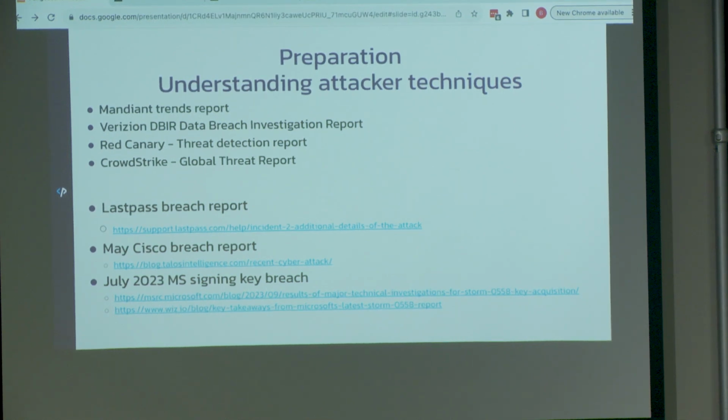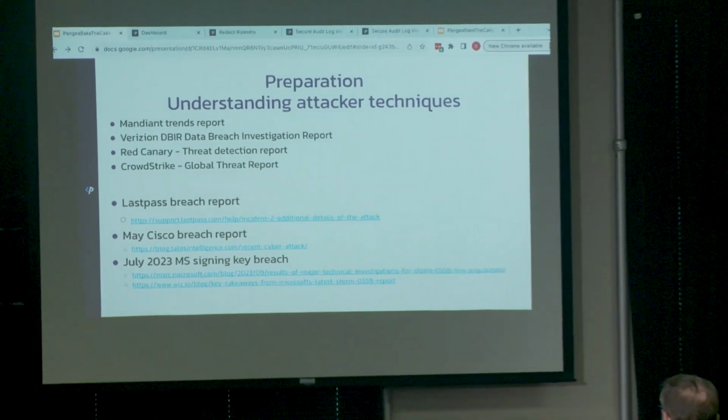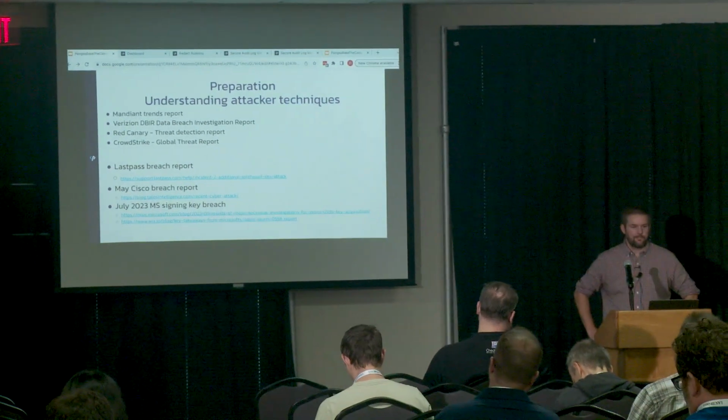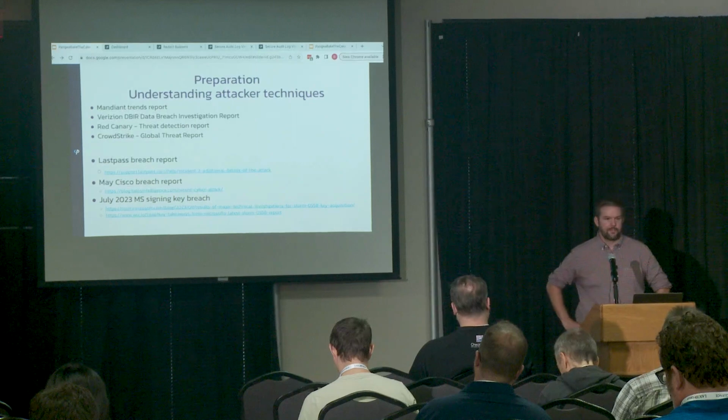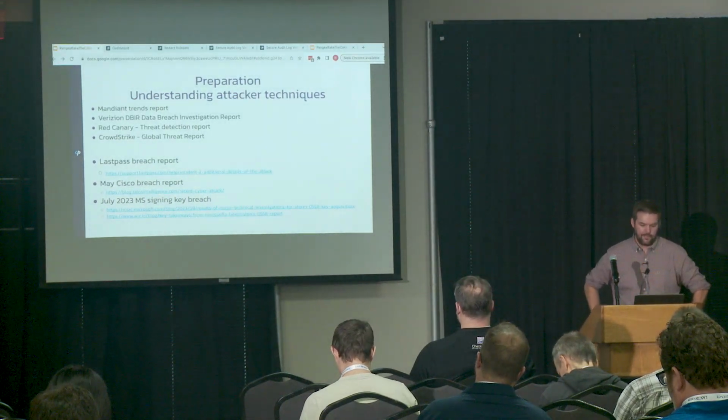Cisco had an issue. An employee's personal account was compromised. The account was syncing with their corporate systems and exposed passwords. From there, a fairly aggressive and effective MFA bypass techniques were used, and social engineering.